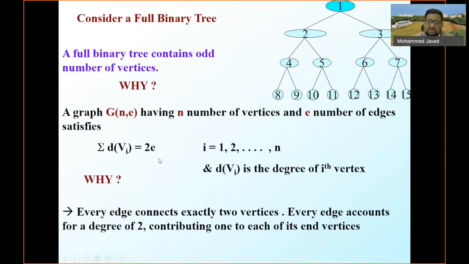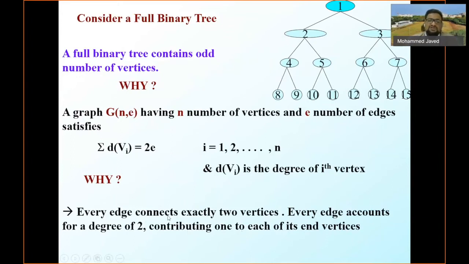Okay. So why should it be 2 times the number of edges? Because every edge connects exactly 2 vertices, right? Every edge accounts for a degree of 2, contributing 1 to each of its end vertices.